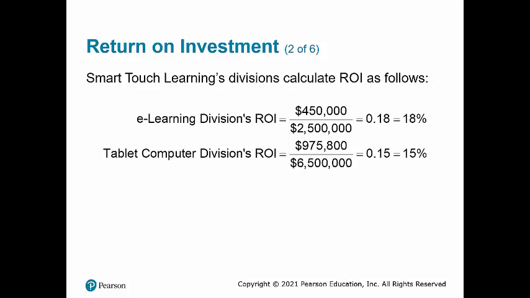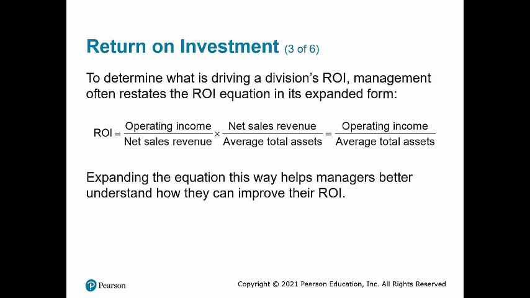assets as efficiently. To determine what is driving a division's ROI, management often restates the ROI equation in its expanded form. Notice that net sales revenue is incorporated in the denominator of the first term and in the numerator of the second term.